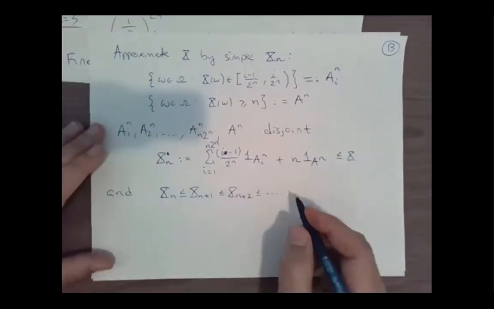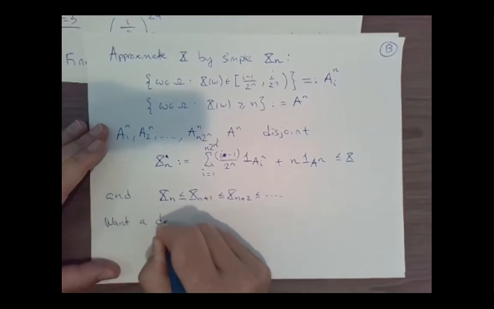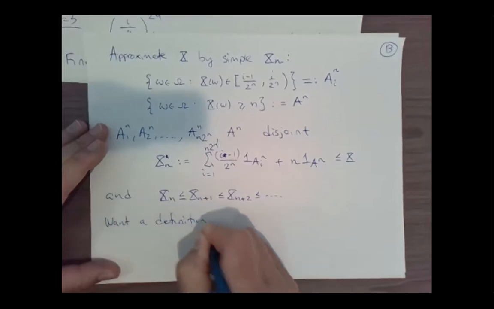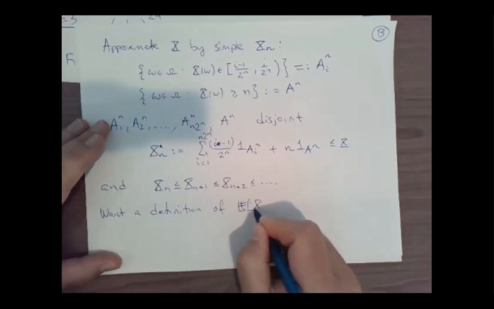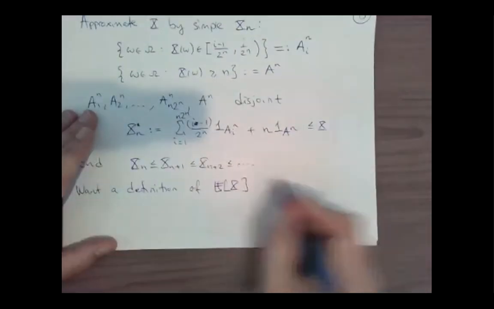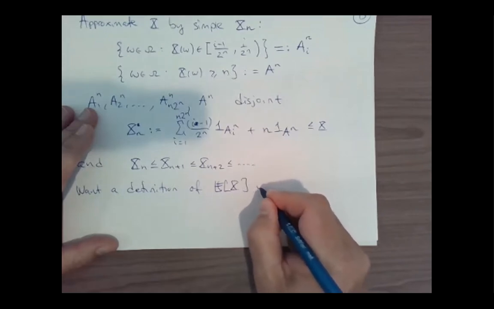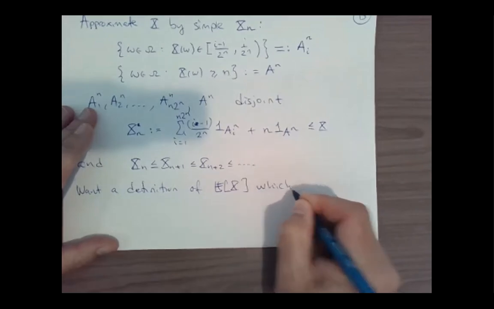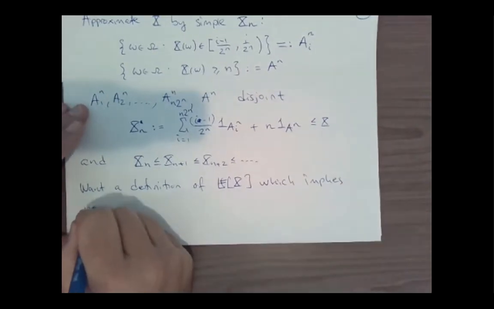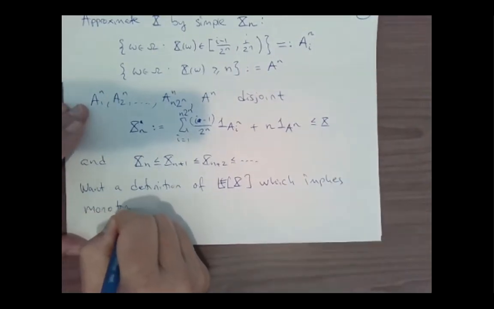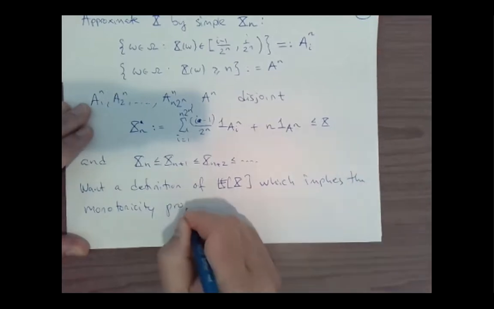And so what we want is a definition of this expectation of x which implies this monotonicity property.